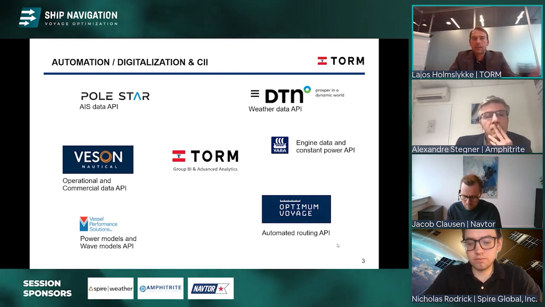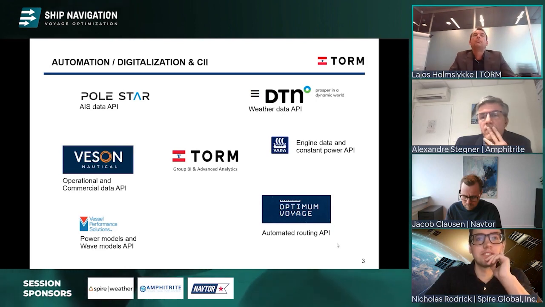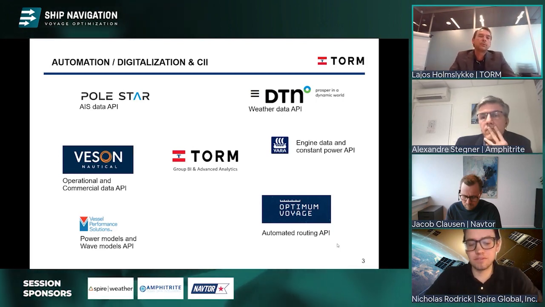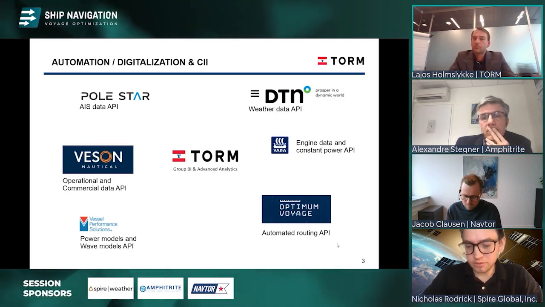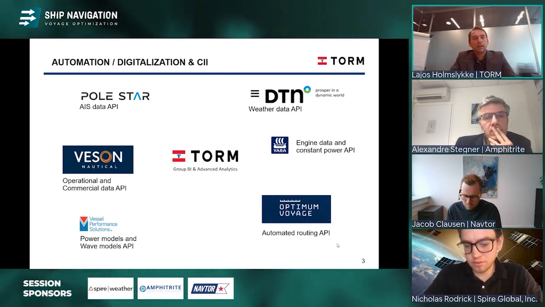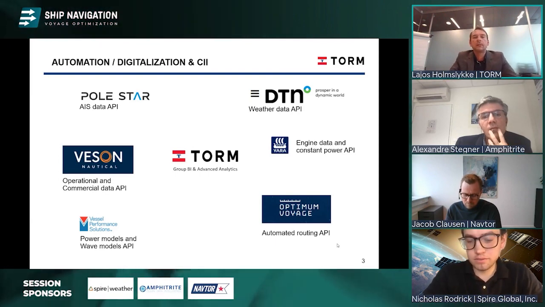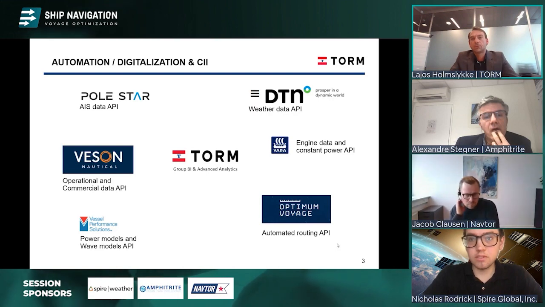Polestar, an AIS provider, could be a lot of other providers, but we have a very good data set from Polestar using AIS. DTN is delivering the weather data. Veson is delivering all our operational and commercial data. Our in-house BI team and advanced analytics is developing all our functions.